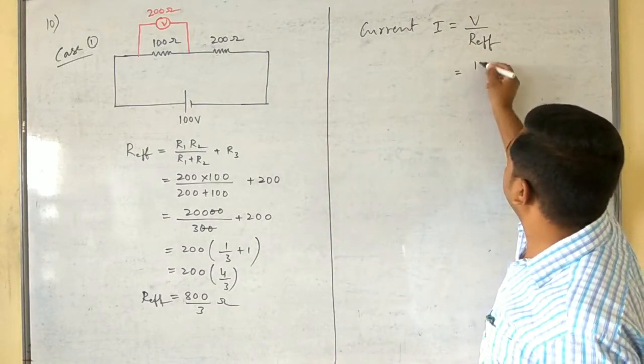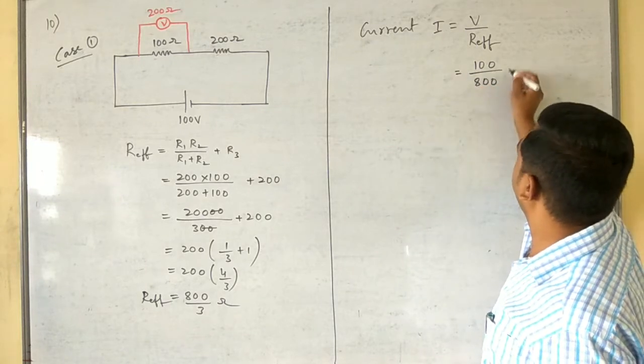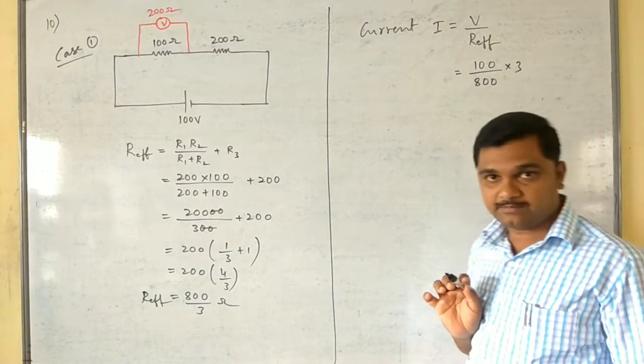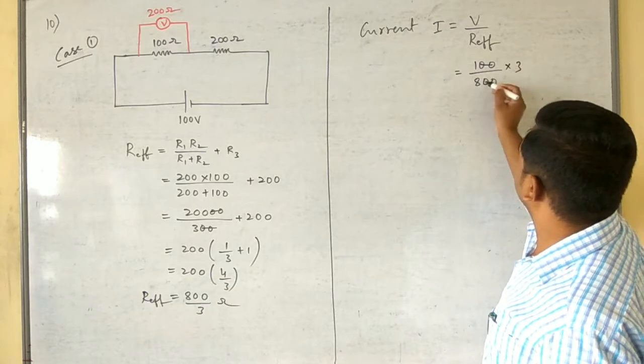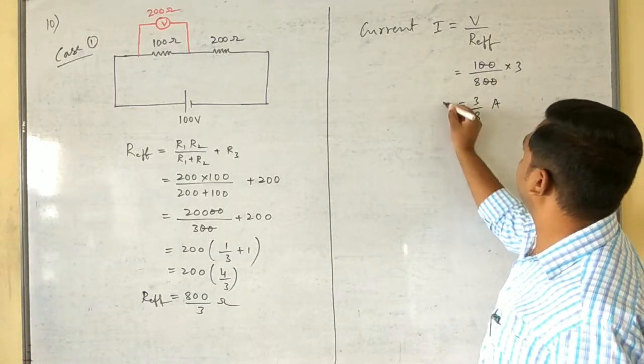V is 100 and R effective is 800 by 3. 3 goes to the numerator, 2 zeros cancel, so this is 3 by 8 ampere.